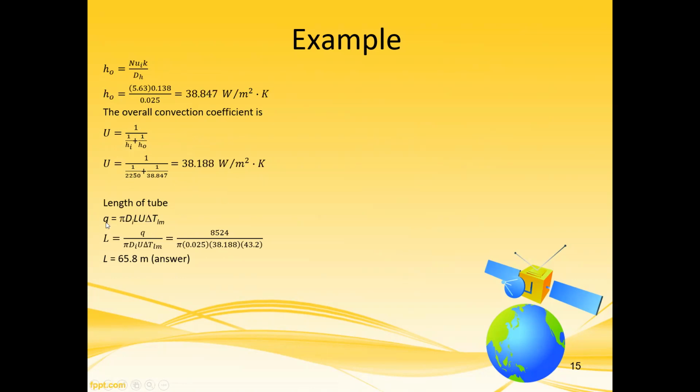Now the length of the tube from Q equal to pi D_i L U delta T_lm: L is equal to Q divided by pi D_i U delta T_lm, equal to 8524 over pi over 0.025 divided by 38.188 divided by 43.2. These two are important to get: delta T_lm and U. So the length now is 65.8 meters.